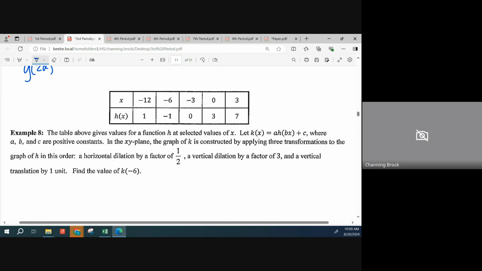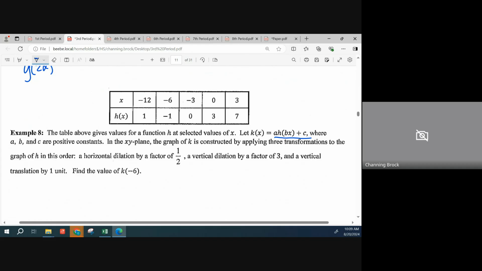All right. Let's see. This is 8. So 8's talking about the table. It says the table above gives values for a function h at selected x values. Let k of x equal that situation. So what's the original?